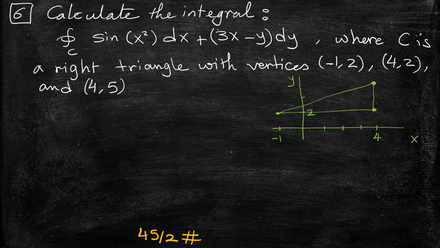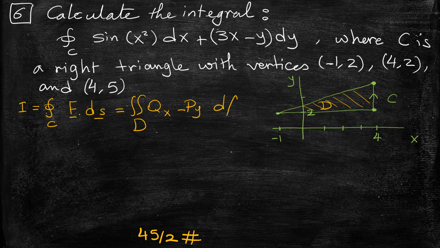Again, we have the C, and assuming C is counterclockwise, this is our C. Using Green's theorem, the integration over the closed path of F dot dr will be the integration over the region D, this is our region here, of Qx minus Py dA.